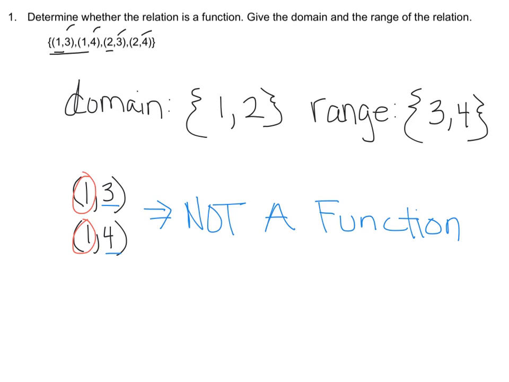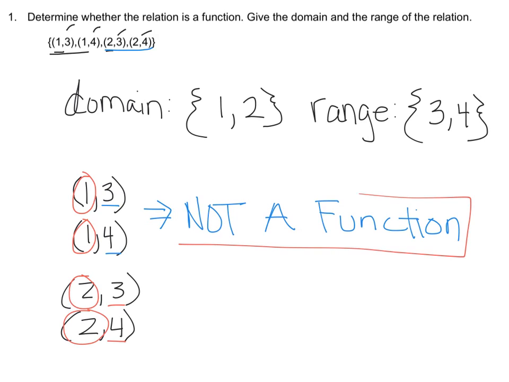Now similarly, we could have looked at the last two ordered pairs, the 2, 3 and the 2, 4. That also tells us that this is not a function because we have the same x values, but they're going to two different y values. So that means that this relation is not a function.